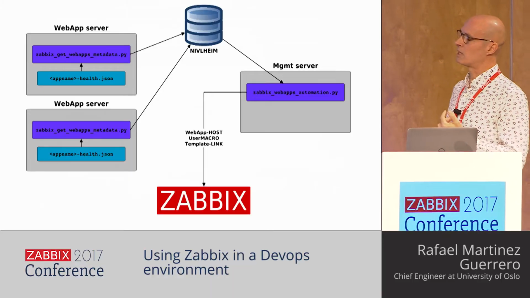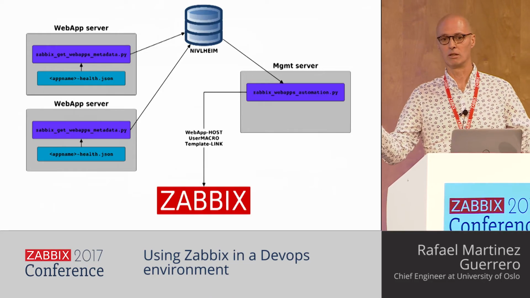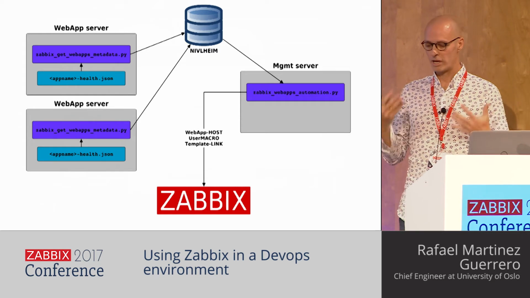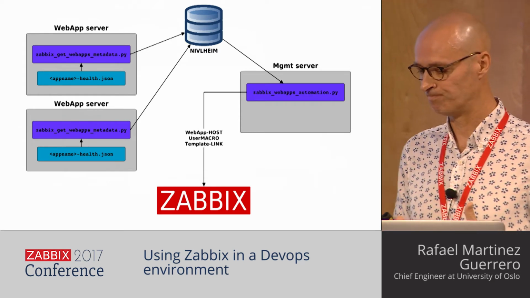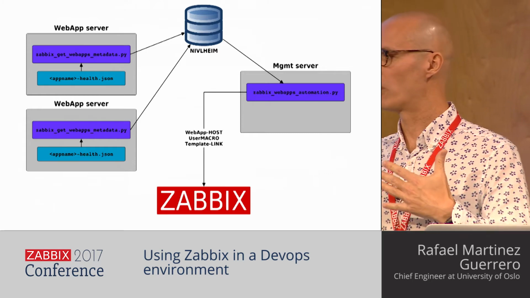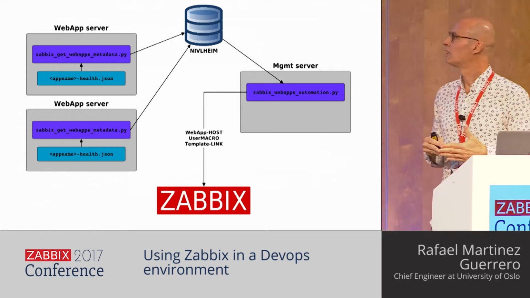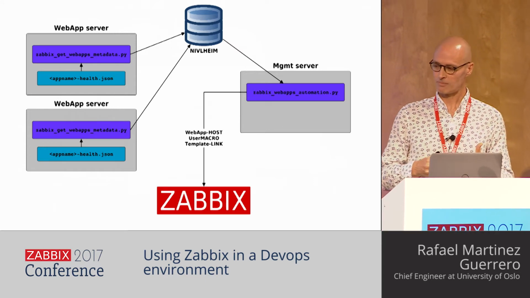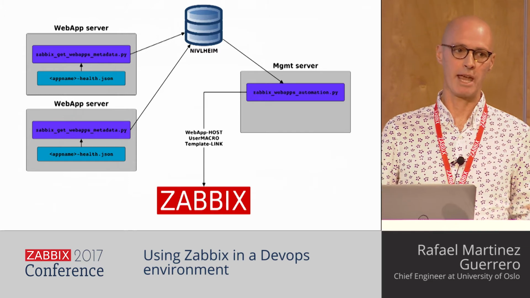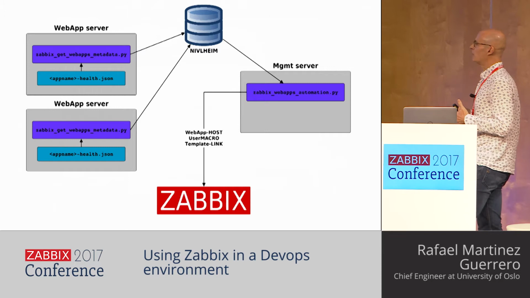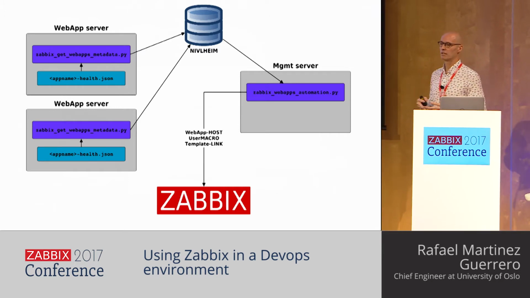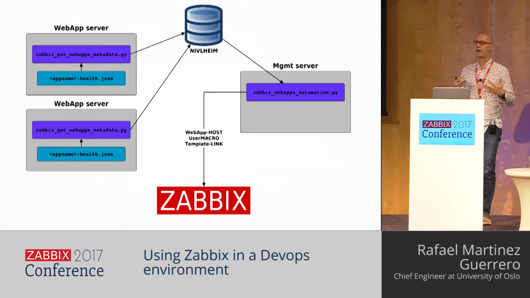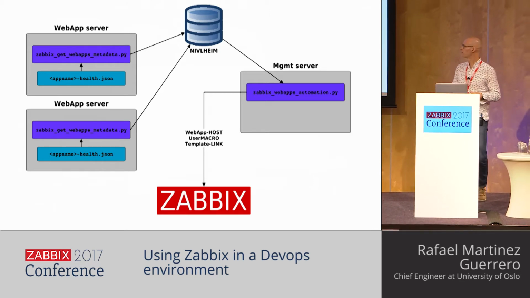These scripts will read information from Nilheim and will do two things. The first one is that it will find out all the applications running all over the place, and it will create a host in Zabbix for every single application in the system. It will also create a user macro for every application with information where the application is running. And it will link a template that we need to define what we are going to monitor.